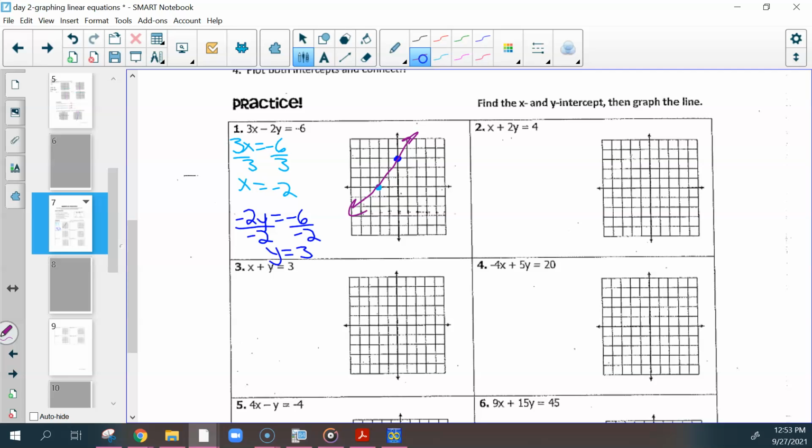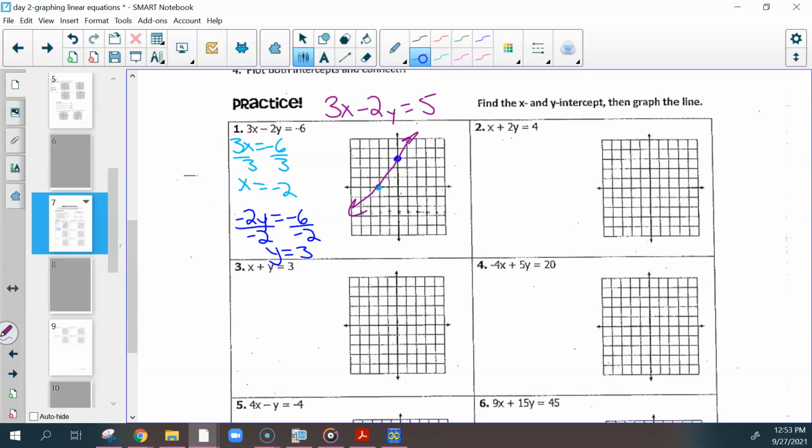This method only works if both numbers in front of x and y are factors of whatever c is, whatever that last number is. If this said 3x minus 2y equals 5, neither of those are factors. This will be one where you have to convert it.